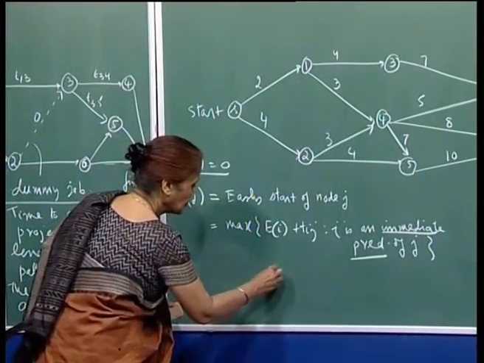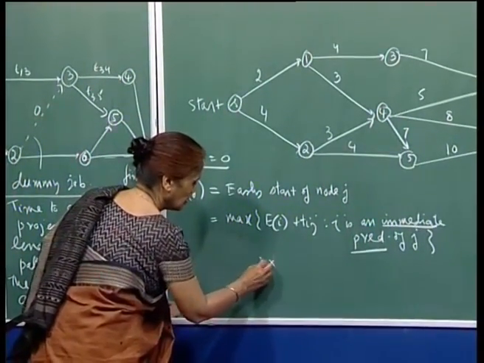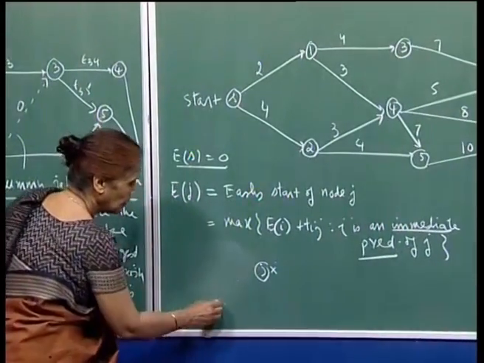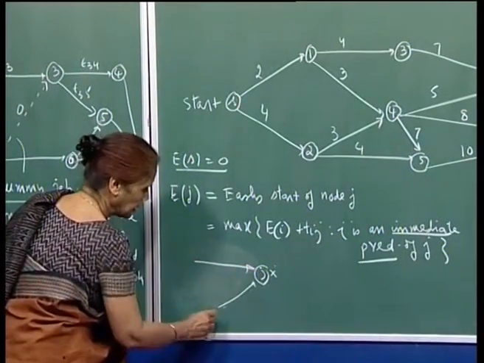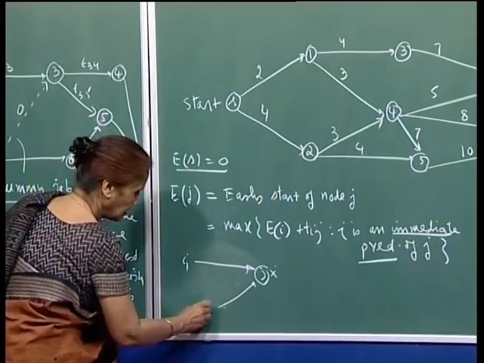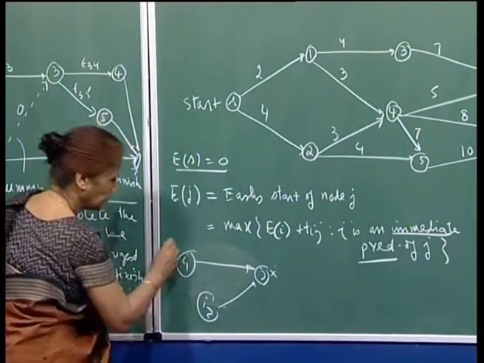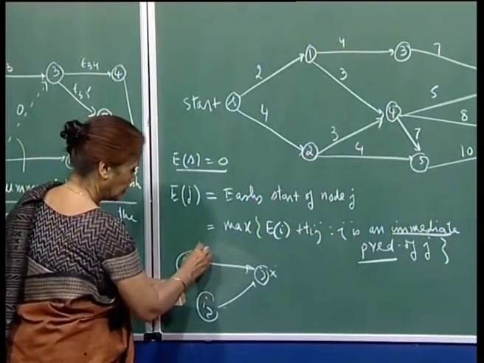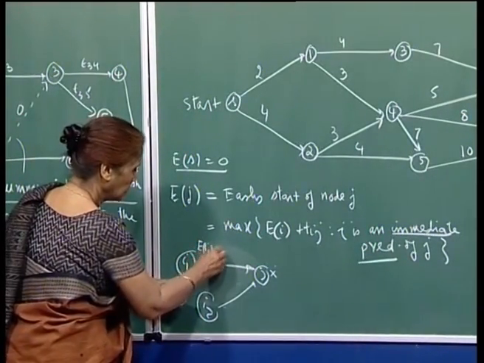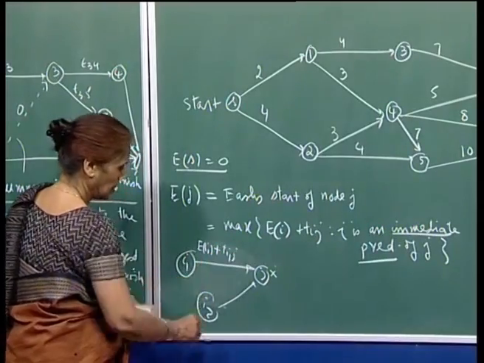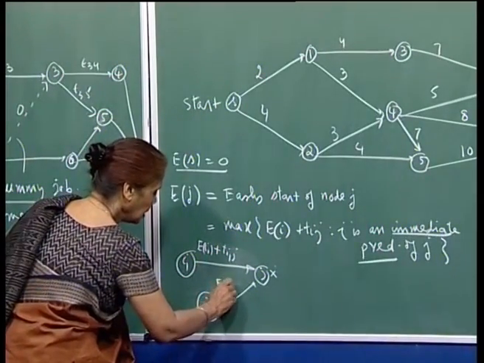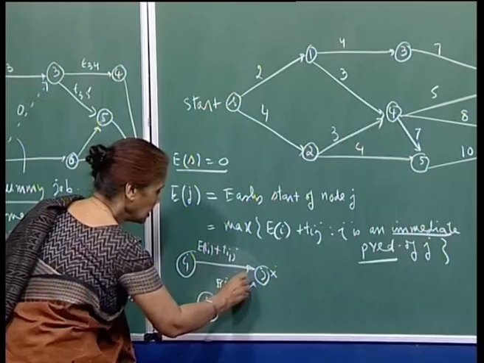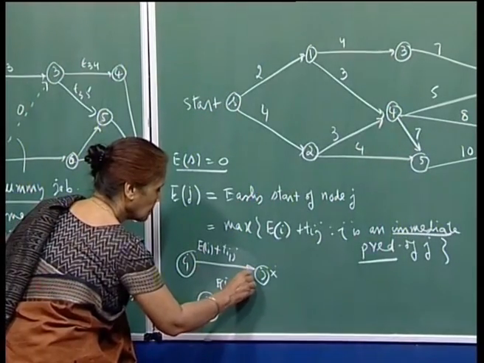you have a node j here, and you look at all the immediate predecessors, say I1, I2, and then the early start of each plus the duration. So this will be Ei1 plus Ti1j, and similarly this will be Ei2 plus Ti2j.